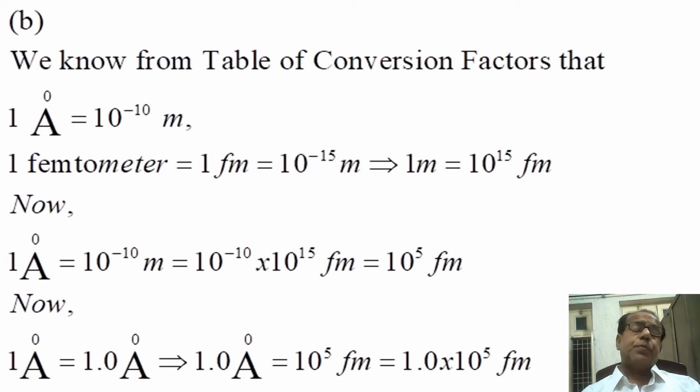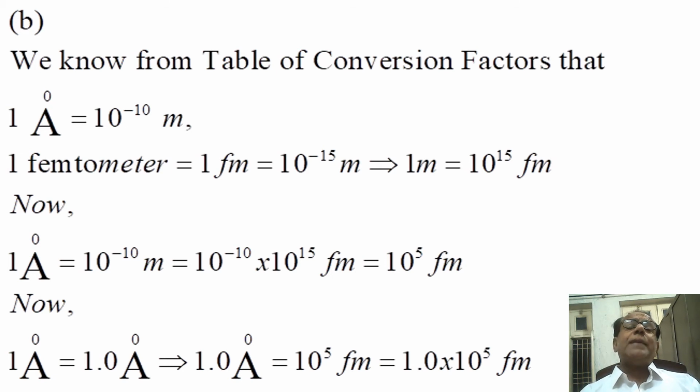Now 1 angstrom equal to 10 raised to the power minus 10 meter is equal to 10 raised to the power minus 10 into 10 raised to the power 15 femtometer. What we have done is simply put the value of meter in terms of femtometer. This alternatively becomes equal to 10 raised to the power 5 femtometer.